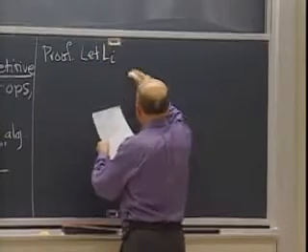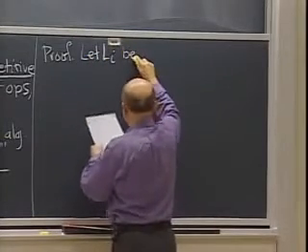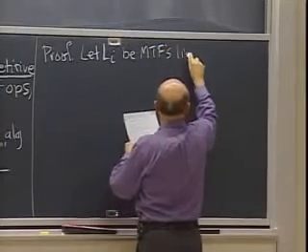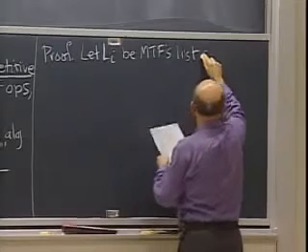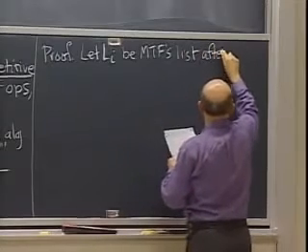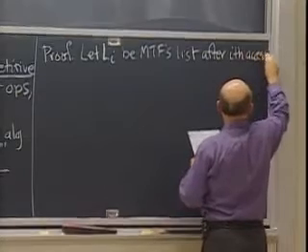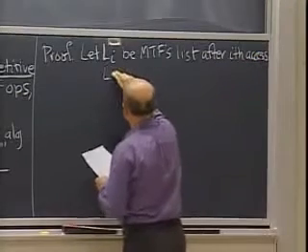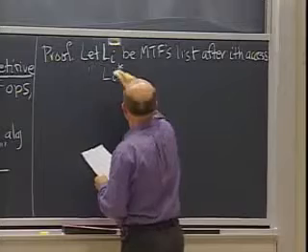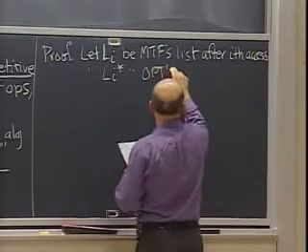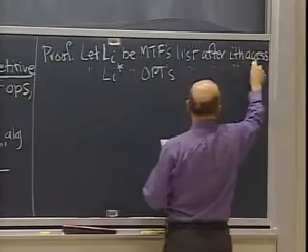Let L sub i be MTF's list after the ith access. And let L sub i star be OPT's list after the ith access.